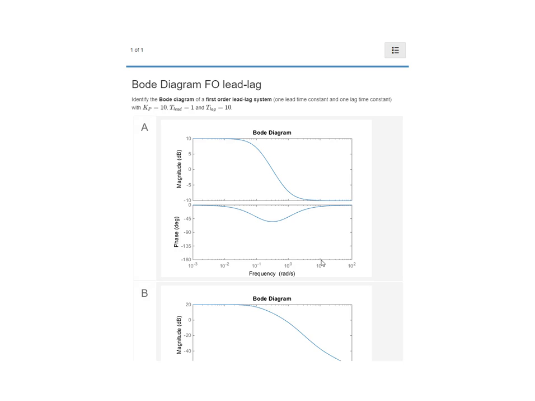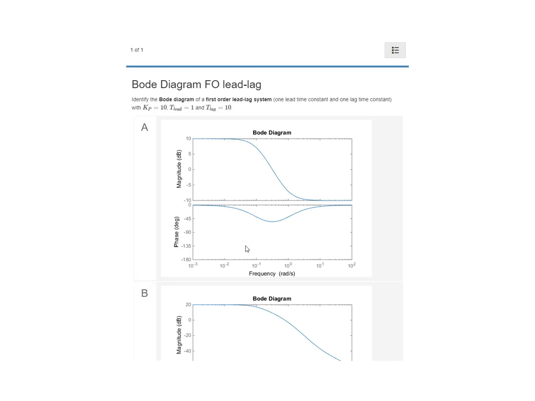There is a direct feed-through term, and this high frequency gain is Kp T lead over T lag, so it's 1, so 0 dB. We can see here that the lag action will start at 1 over T lag, so 0.1 radians per second, and the lead action will start at 1 over T lead. This is at 1 radian per second.